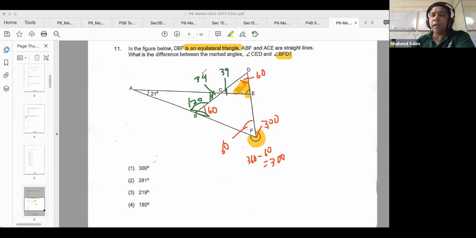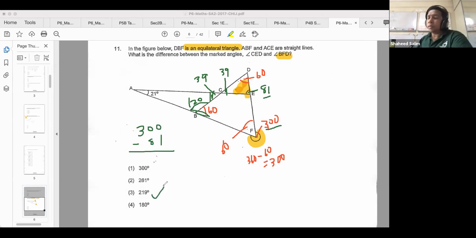Okay, 39 is the same, right? 60, 39, 99. This one how much? 81. So now you can take 300 minus 81, because you want to know the difference, right? 300 minus 81. What do you get? You get 219. Number 3 is correct.